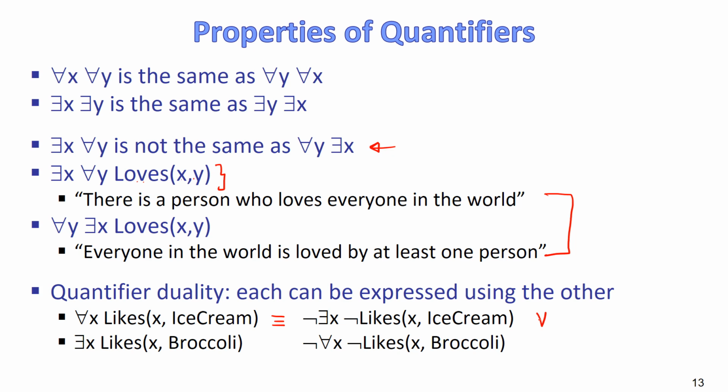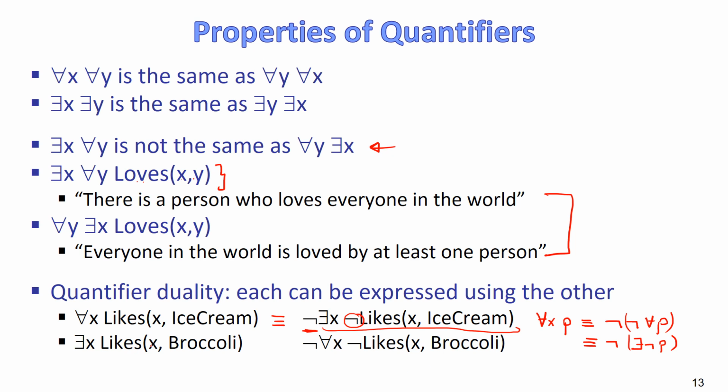For all x P is equivalent to its double negation. Now, by De Morgan's law, the negation of for all P is there exists not P, which is the same here: not, there exists, not P.